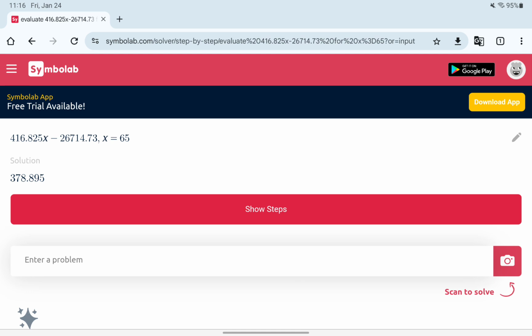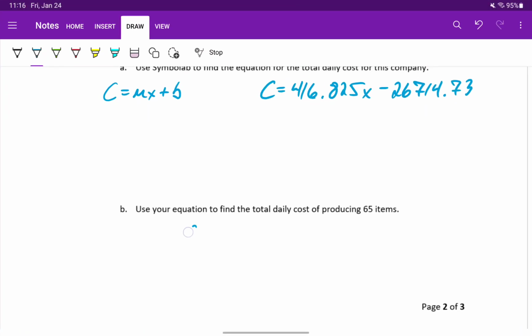We get an answer of 378.895. Or, since again, C represents total cost, we know to intuitively round that to 2 decimal places to get $378.90.